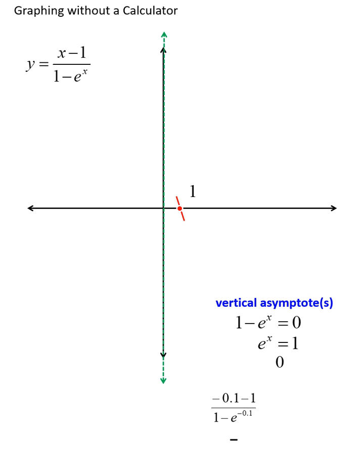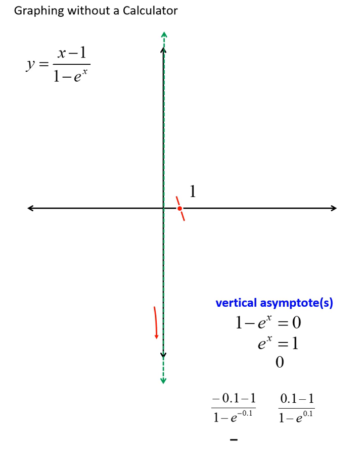E to the 0 is 1, therefore e to the something less than 0 has to be less than 1. So the exponential we see in the denominator is less than 1. 1 minus something less than 1 is positive, therefore my denominator is positive. Overall then I have a negative divided by a positive, which is a negative. And if the y value is negative, slightly left of 0, then I must be approaching the asymptote that way on the left side.